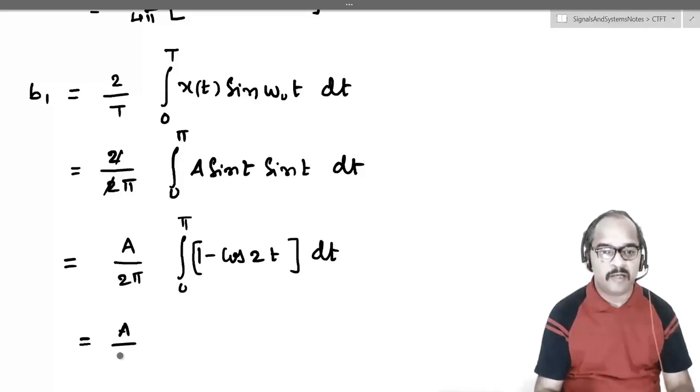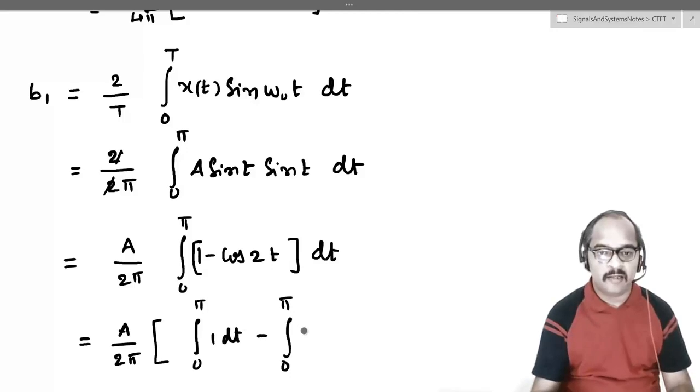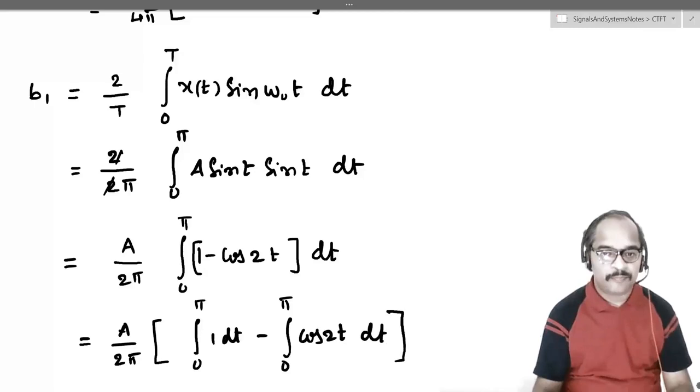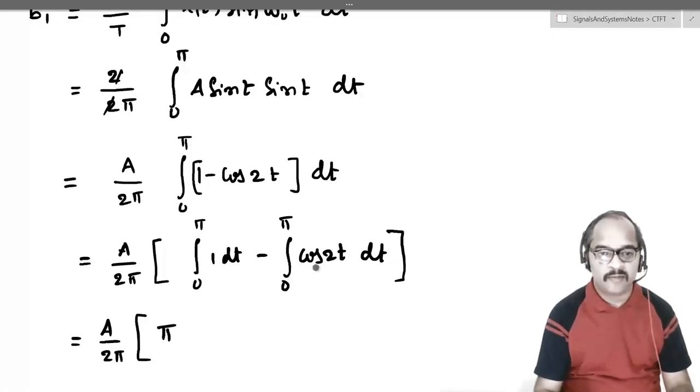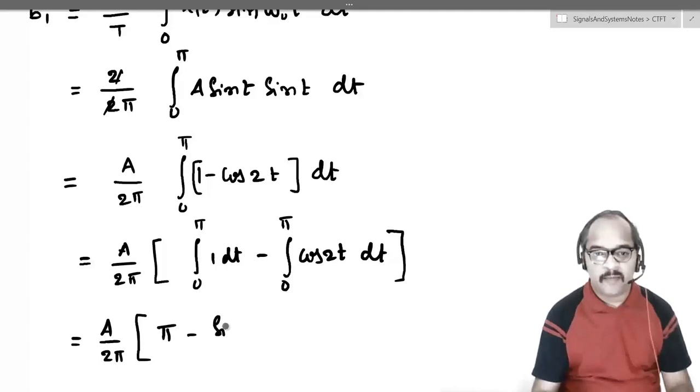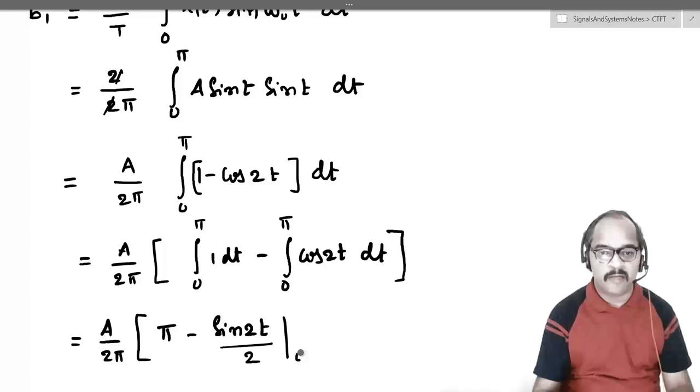So this should be equal to A by 2 pi. We'll split the integral: integral 0 to pi 1 dt minus integral 0 to pi cos 2t dt. So this simplifies to A by 2 pi multiplied with this first term, which will be pi, and minus the integral of cos 2t, which is sin 2t by 2, with limits 0 to pi.